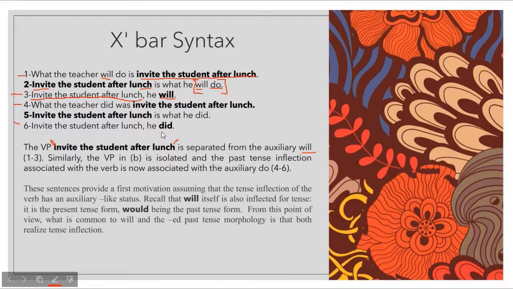Did, did in the past. Okay, this sentence provides a first motivation, assuming that the tense inflection of the verb has an auxiliary-like status.